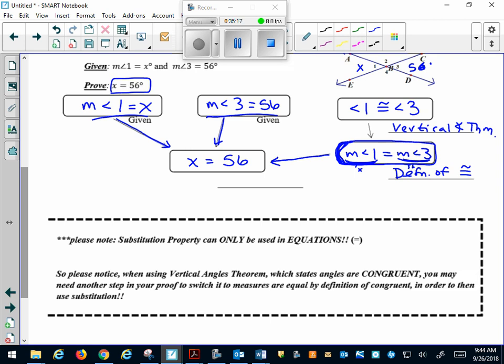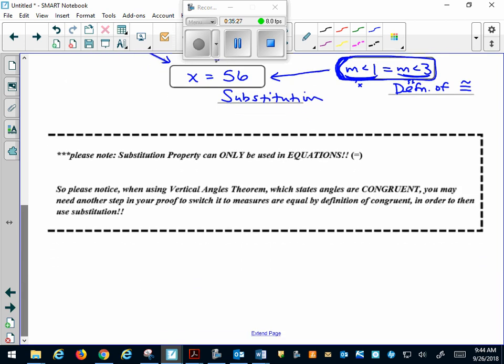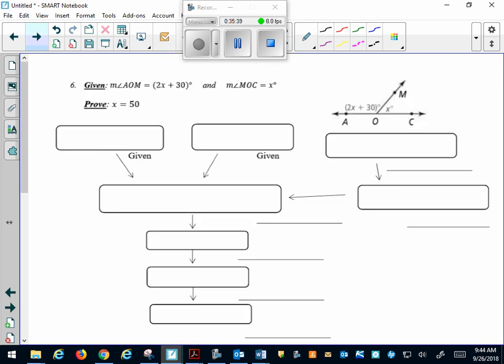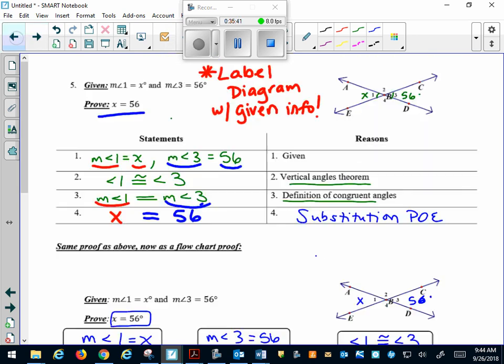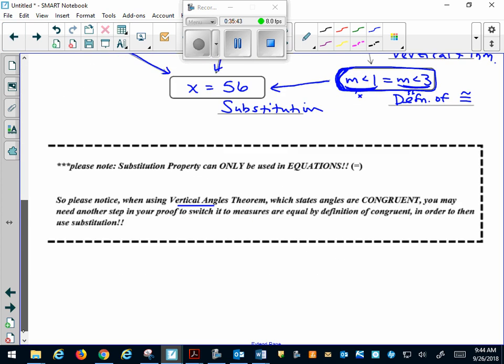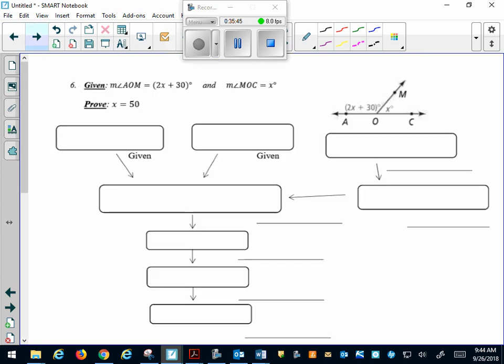Yes, substitution. Good. Again, substitution property can only be used with equations. So that's why we had to turn our vertical angle theorem into measures being equal before we could use substitution.